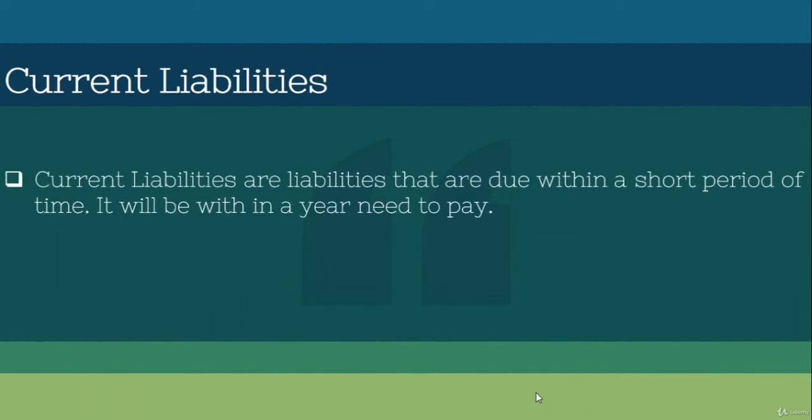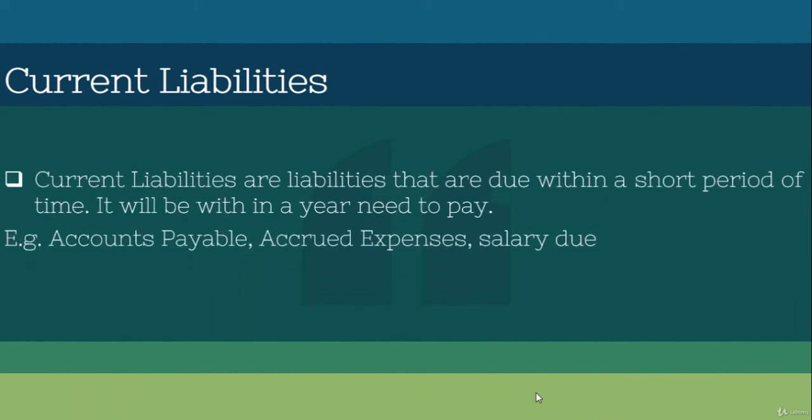Current liabilities means we need to settle within 1 year. So current liabilities are liabilities that are due within a short period of time. They need to be paid within 1 year.